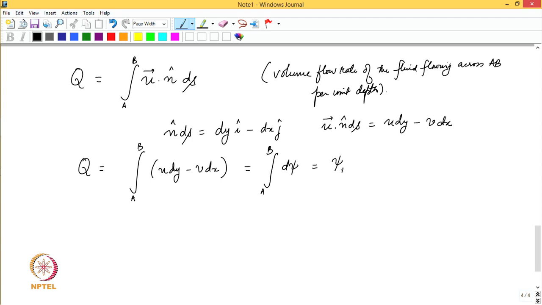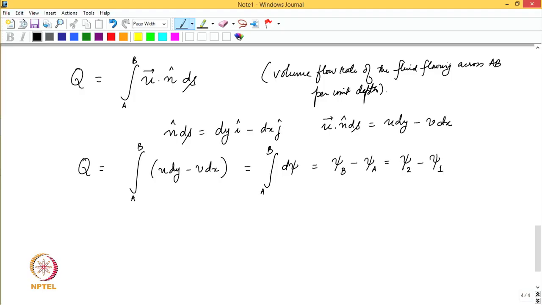So, that must be psi at b minus psi at a, which would be psi at b is psi 2 minus psi at a is psi 1, and so the total flow rate per unit depth between any two streamlines is the difference in the stream function values, and that is the significance of the stream function. So, we can calculate the volume flowing between any two streamlines by the difference between the stream function values.